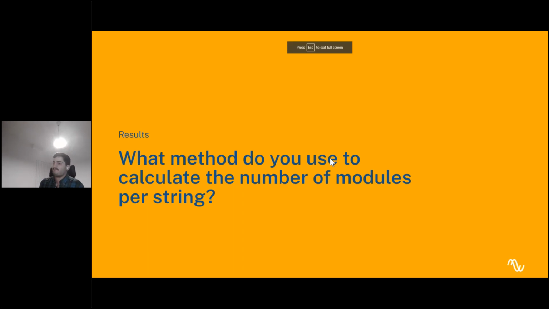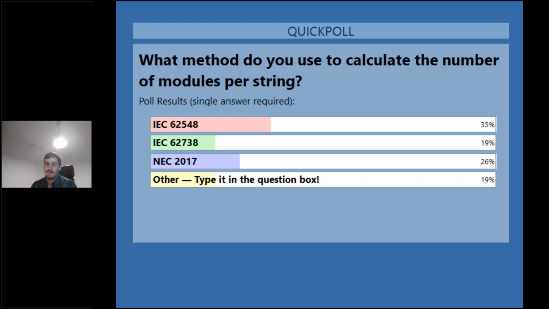So with that being said, now we can see the results of the poll that we were giving before. And here we can see how most of our users, our attendees, use the IEC, the first option that we were defining, and also that big percentage, the 19%, will use a different method to calculate this number of modules per string.